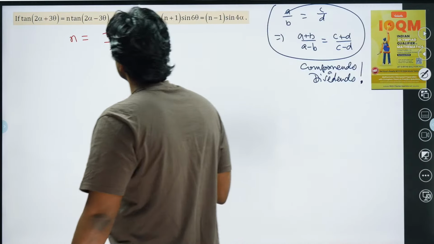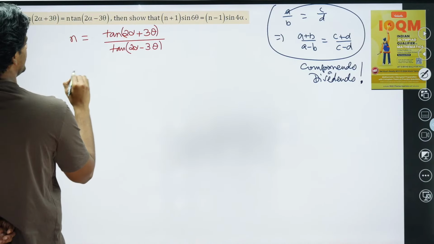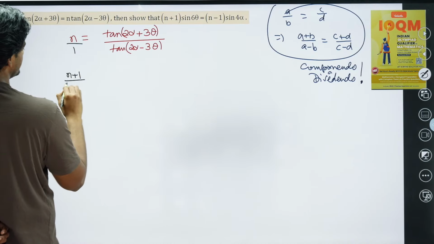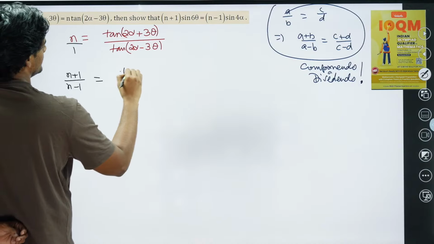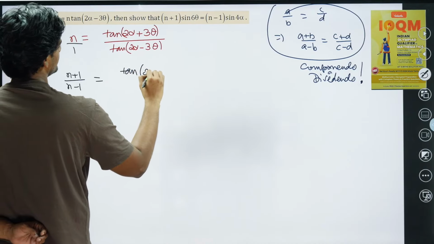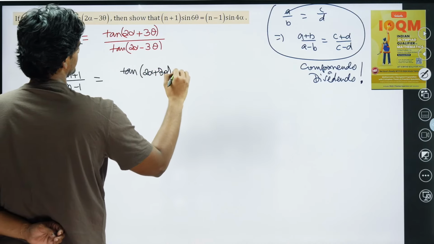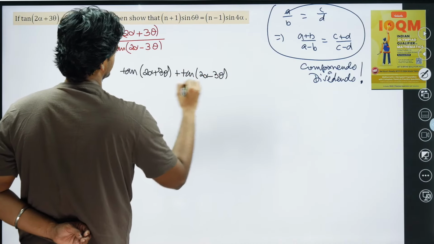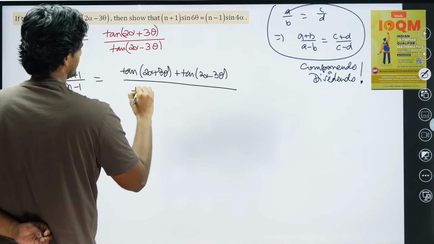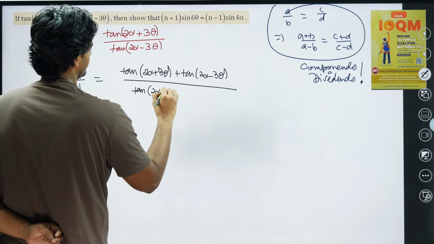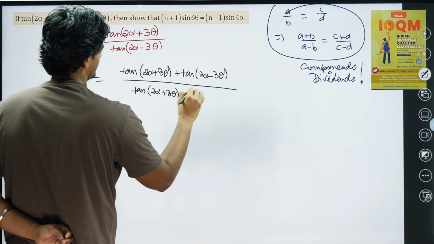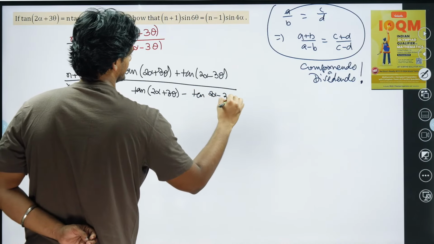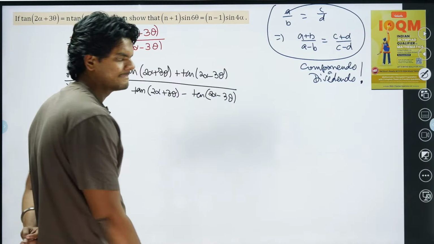So let's solve this. So my n plus 1, this is n by 1, right? N plus 1 by n minus 1 will be tan 2 alpha plus 3 theta plus tan 2 alpha minus 3 theta by tan 2 alpha plus 3 theta minus tan 2 alpha minus 3 theta. Right?